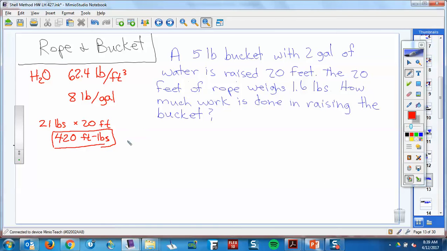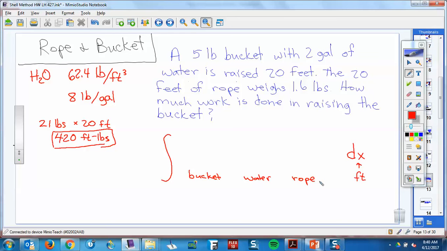Here's how this looks. We're going to do our integral, and we need to add up, and again, the dx is going to be our feet. So all we need to have in here is pounds, just the weight. But we've got 3 things: the bucket, the water, and the rope.